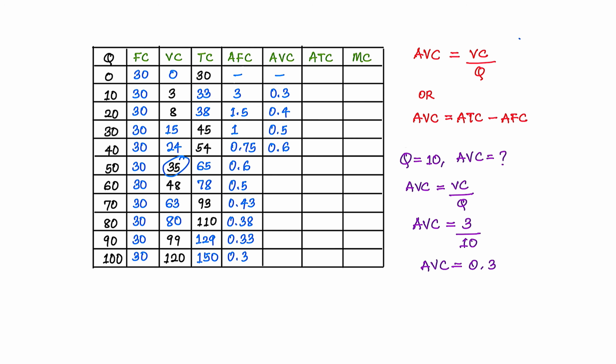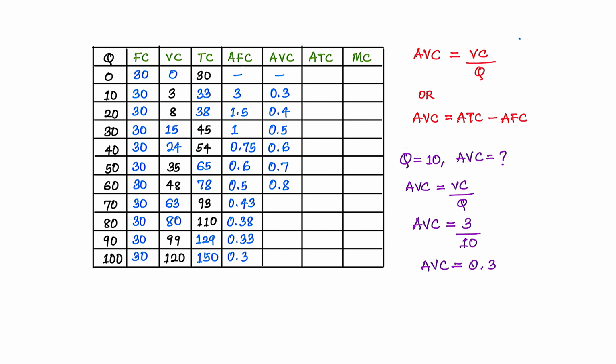Next, the variable cost is 35 and the quantity is 50. 35 divided by 50 will give us an average variable cost of 0.7. Next, variable cost is 48 and quantity is 60. 48 divided by 60 will give us an average variable cost of 0.8.